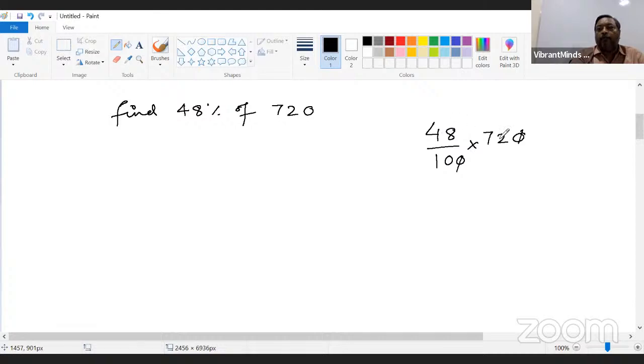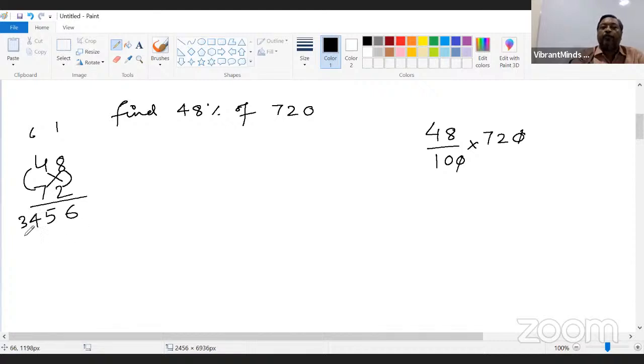You will get a zero, 48 into 72. Now for 48 into 72, you already know the shortcut. 8 twos are 16, carry forward 1, cross multiply, 4 eights are 32 plus 1 is 33... and 7 8s are 56. 56 plus 9 is 65, carry forward 6, and then 7 4s are 28, and 6 is 34.